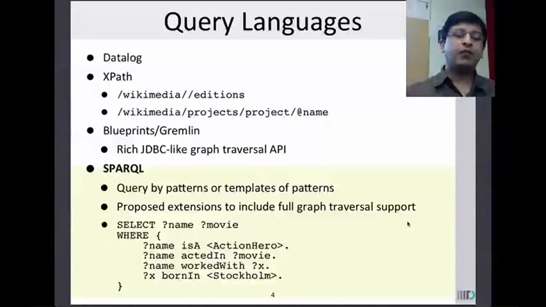But one disadvantage of Gremlin has always been that if you want to merge the relational queries along with the graph traversals, you needed some hacking, right? You need to write your own programs for this. So you essentially think of this as you want to add graph traversal on top of your standard SQL.